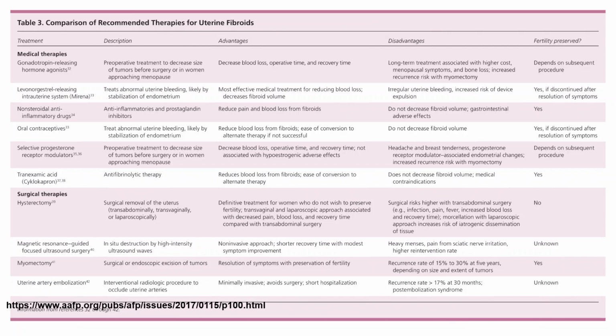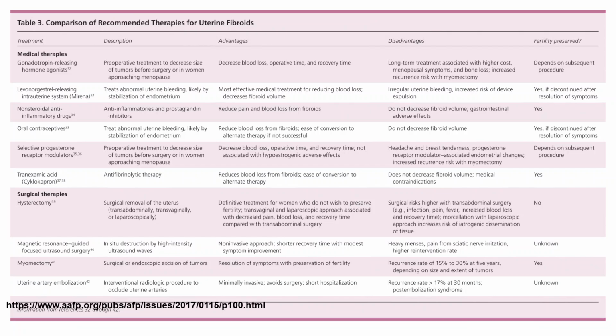That's one of the issues. Non-steroidal anti-inflammatory drugs are also often used, and they may reduce only the pain, with no change in the volume or the situation of the fibroid uterus.